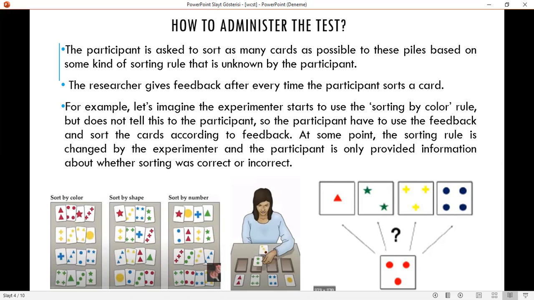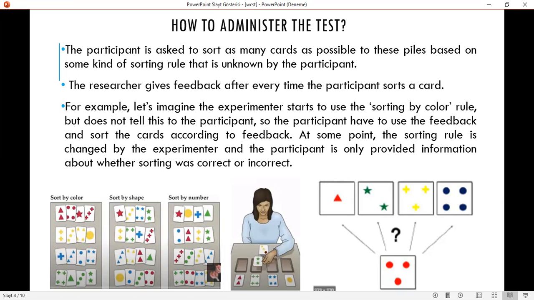The researcher gives feedback after every time the participant sorts a card. For example, let's imagine the experimenter starts to use a sorting by color rule, but doesn't tell this to the participant. So the participant has to use the feedback and sort the cards accordingly.